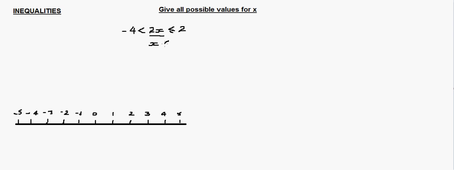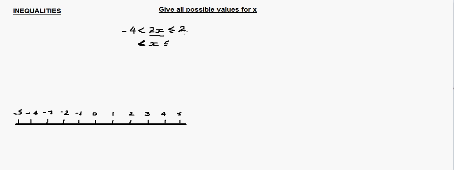Now these signs will stay exactly the same. Now to go from 2x to x, I'll just divide by 2. But to do that, I have to do the same right through this statement.